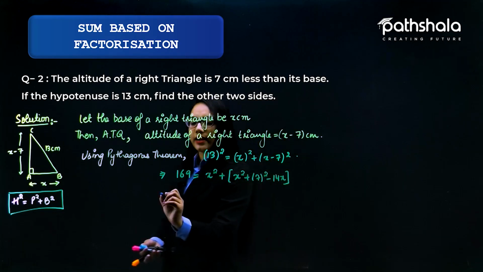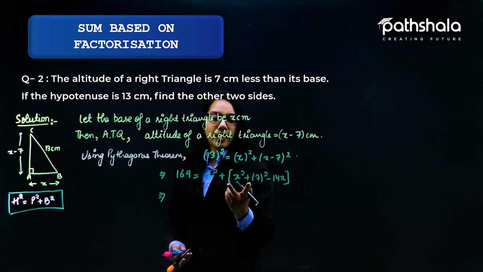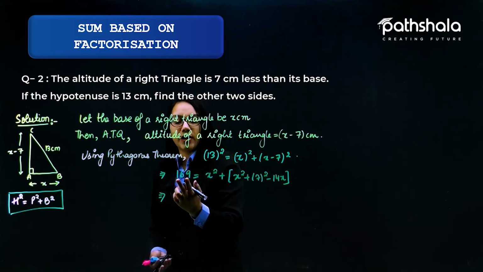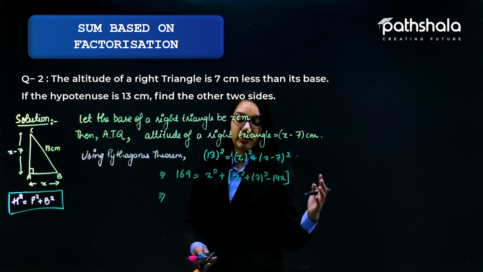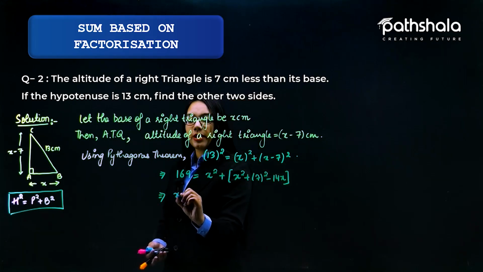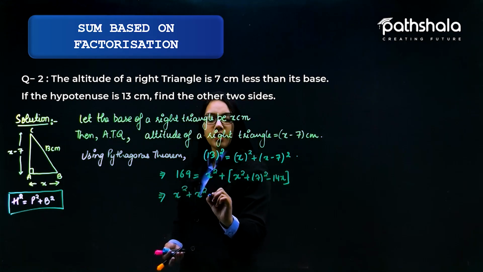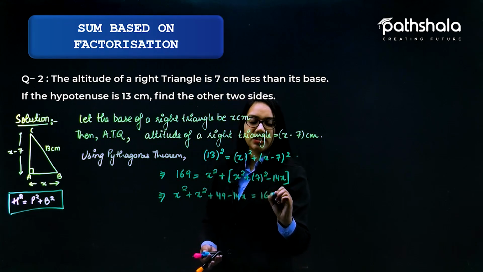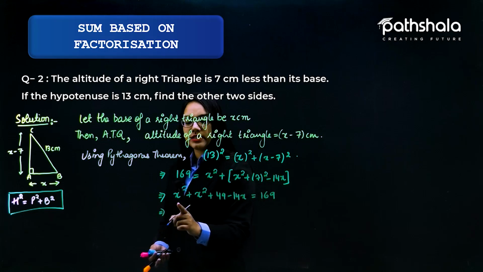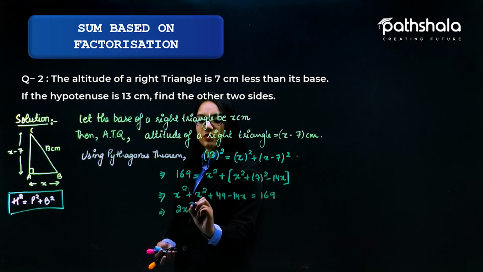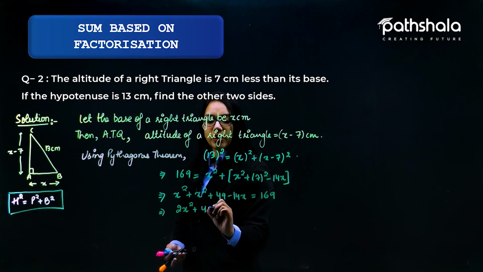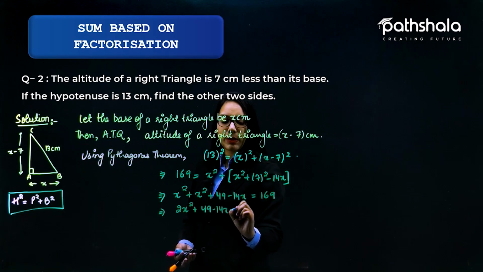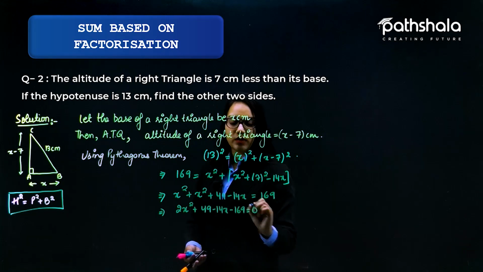Now let's rewrite this equation, taking 169 to the other side. So this would be x square plus x square plus 49 minus 14x, which is equal to 169. Now let's solve it. This is 2x square plus 49 minus 14x minus 169, which is equal to 0.